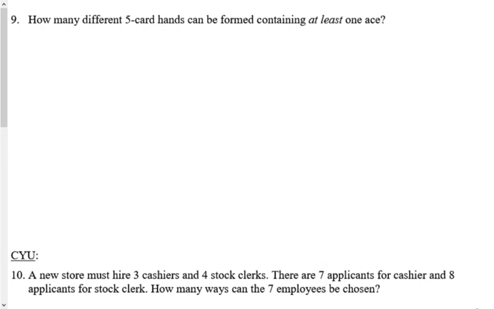Okay, so we go one step more difficult. We want to know how many 5-card hands can be formed that contain at least 1 ace. So, at least 1 ace means I could have 1 ace, and I need 4 non-aces. So I'm going to use a notation here that we don't have to know, but because I know this is going to take up a lot of space, I want to keep it brief.